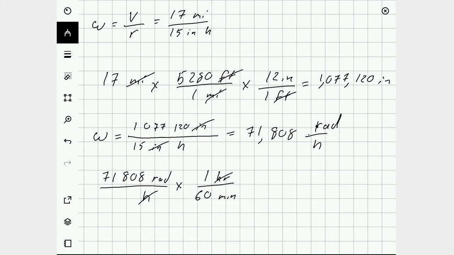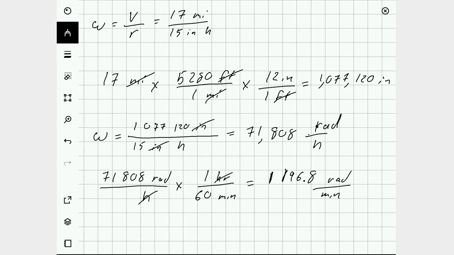And if I take 71,808 and I divide by 60, I get 1,196.8 radians per minute. All right, starting to get a little bit closer.